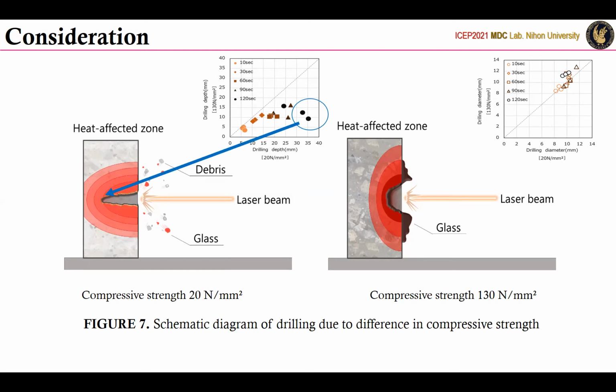On the other hand, in the case of 130 Newton, the density is high, which is quite dense. From the experimental result, it was found that in the case of high-strength concrete, the thermal energy for processing does not penetrate the surface, but spreads horizontally to form glass.